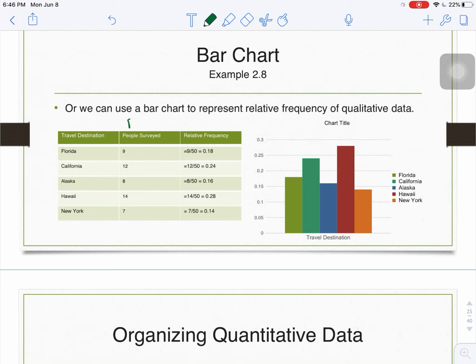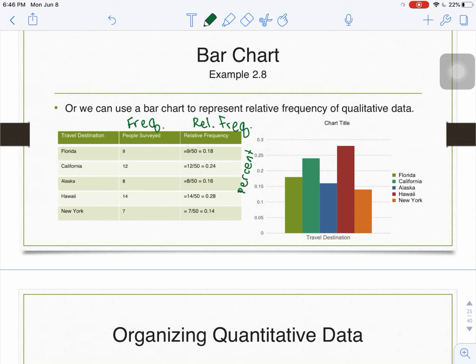This is how that would be represented as a bar chart. So we have the exact same, here's our frequency. Here's our relative frequency. And you can see over here, you should still have a y-axis label.